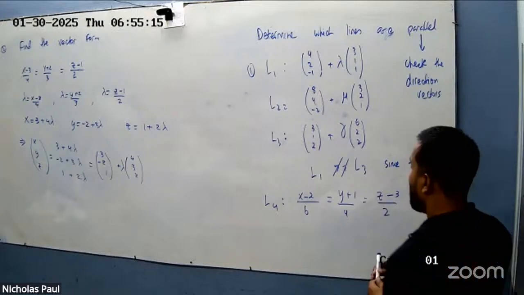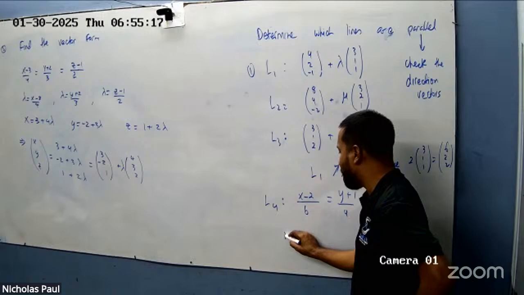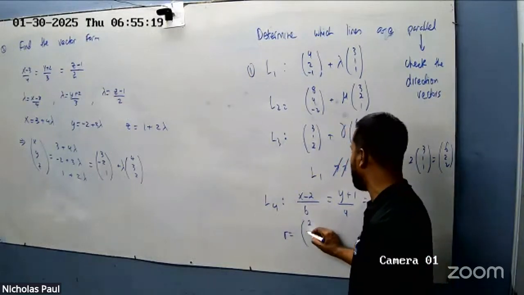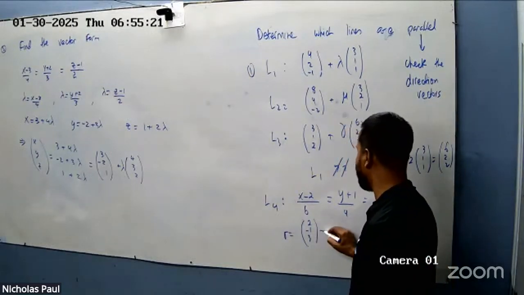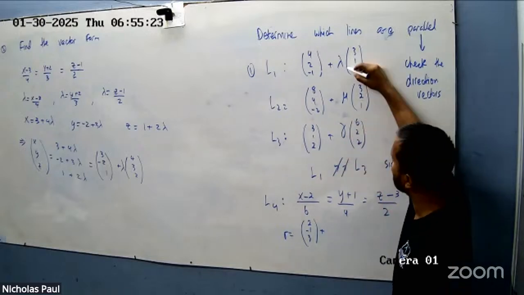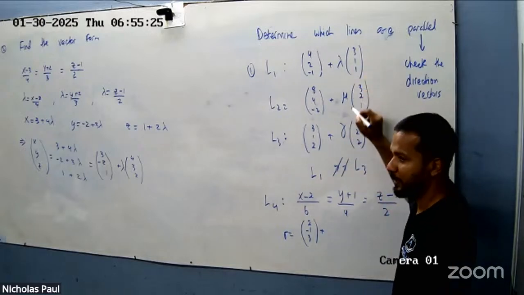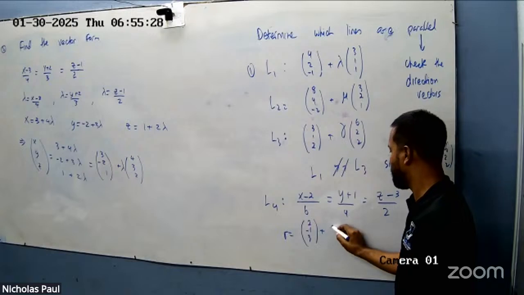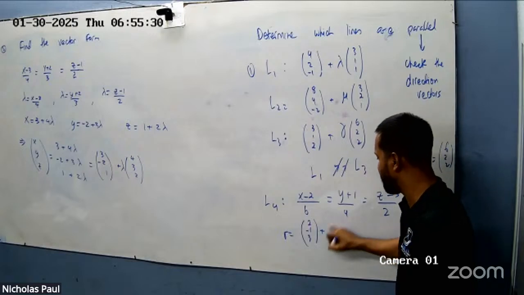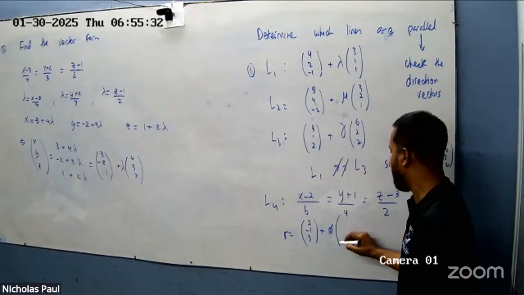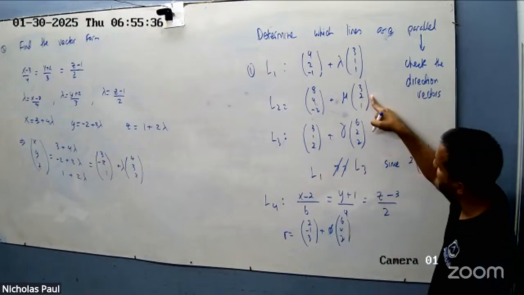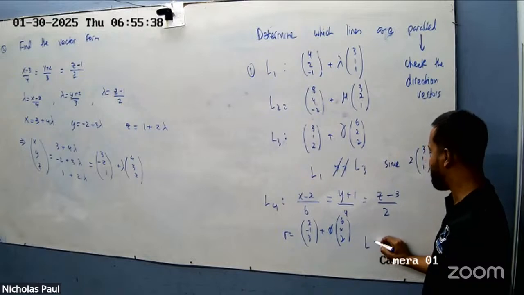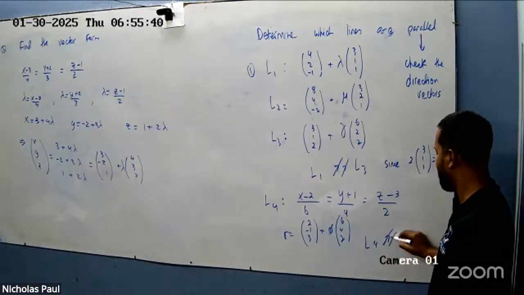Alright. So in vector form, you'll get r equals (2, -1, 3) plus, let's change the letter, let's change it to s, it doesn't matter, right? (6, 4, 2). (6, 4, 2) is a multiple of L2. So it means that L4 is parallel to L2.